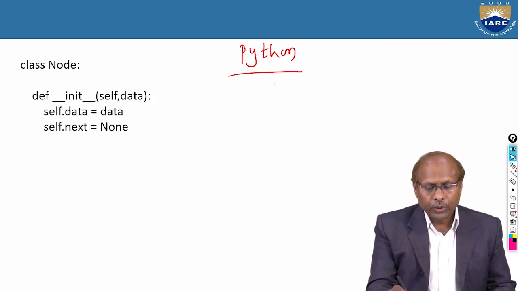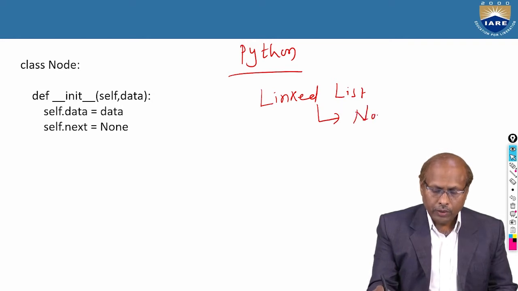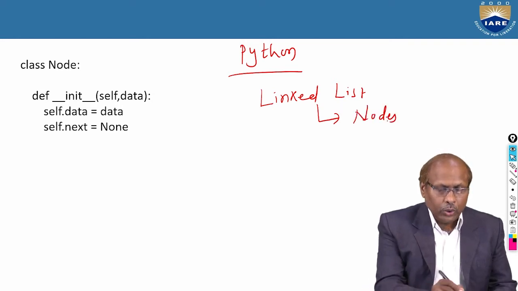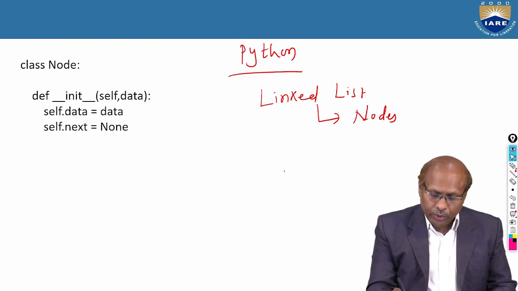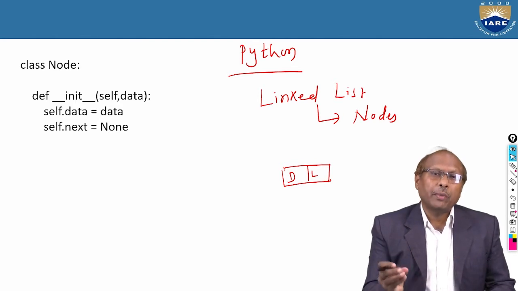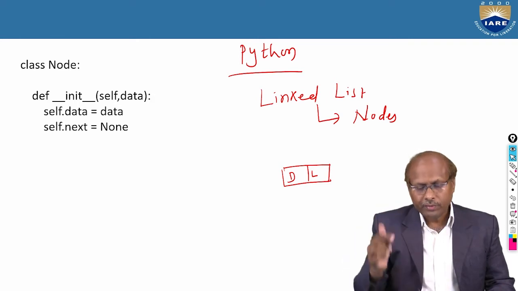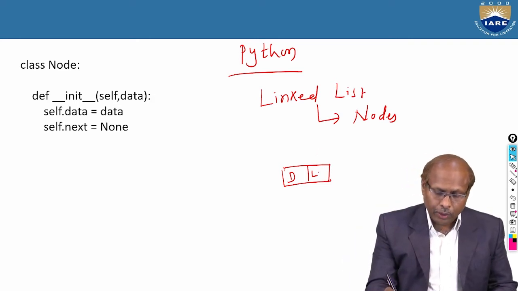So linked list is nothing but a collection of nodes. This node you have to represent. In every node, you should have the data part as well as the link part. The data part will be holding the real data and the link part is pointing to the next node. So the linked list you have to maintain this way.